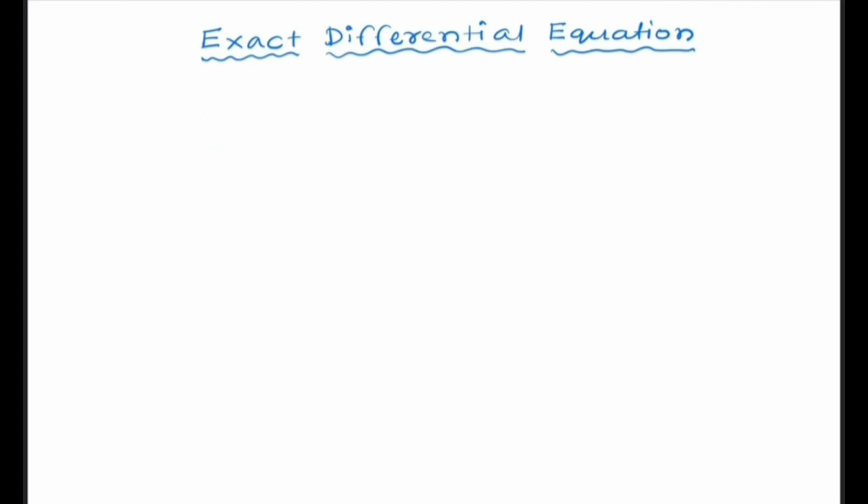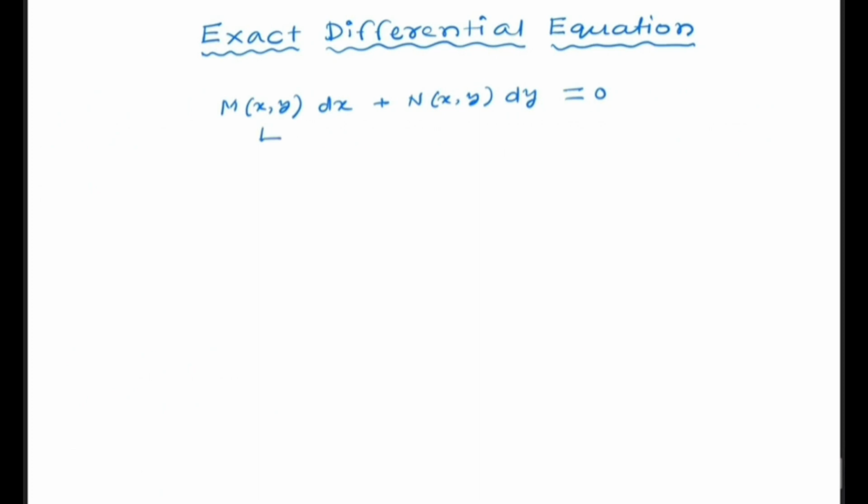A differential equation of first order and first degree can be expressed in the form M(x,y) dx + N(x,y) dy = 0, where both M(x,y) and N(x,y) are functions of x and y.